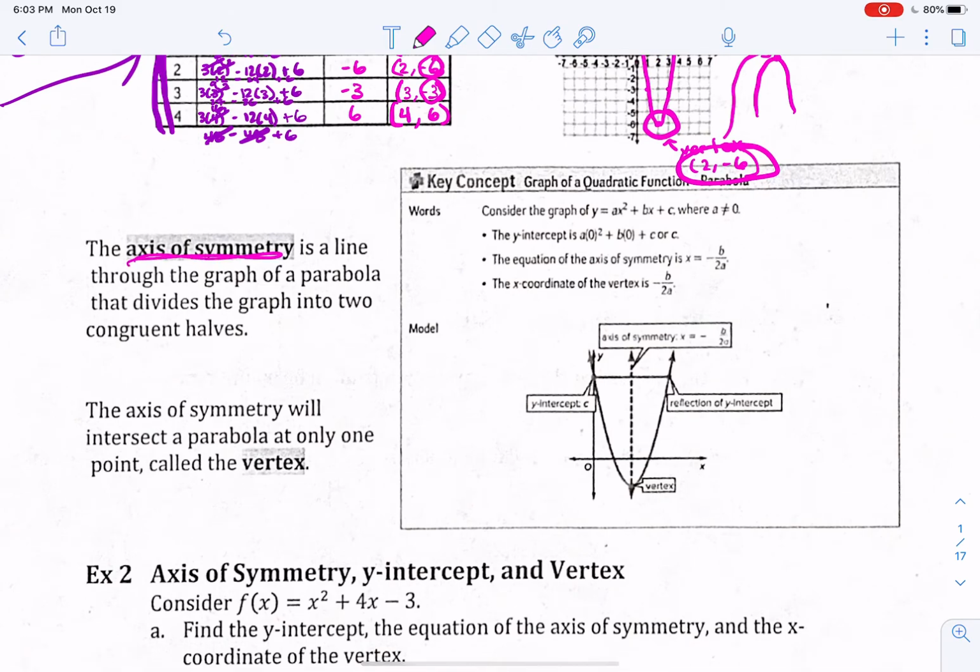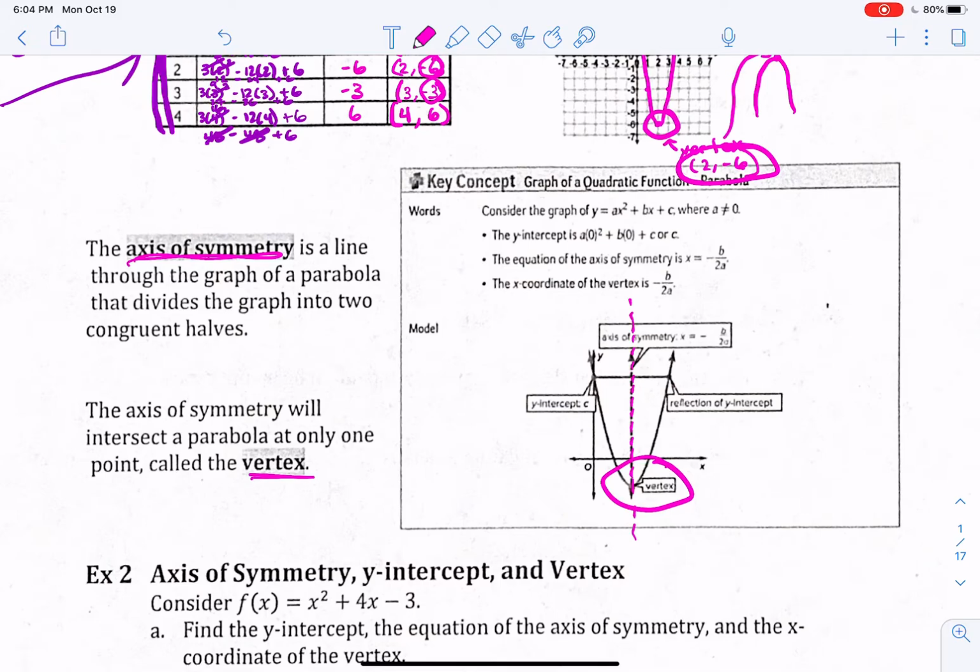We have what's called axis of symmetry, and we have what's called the vertex. The vertex we just kind of talked about is the low point or the high point, depending on whether you have a smiley face parabola or a frowny face parabola. And then we have the axis of symmetry, which is kind of like an imaginary line that goes through your vertex. It's kind of what splits your parabola into 2 equal sections, okay?